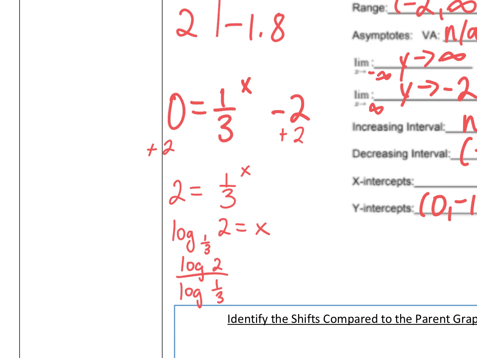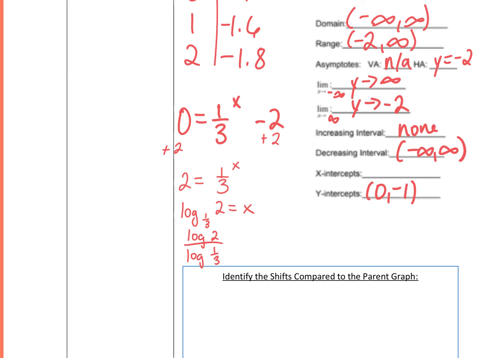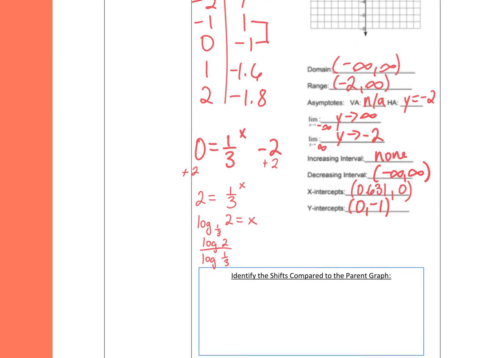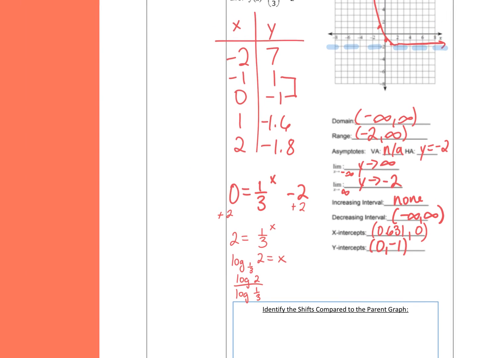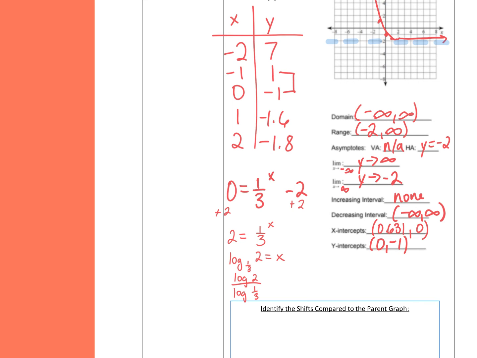Log 2, close parenthesis, divided by log 1/3. 0.631. So 0.631, comma, 0. Easy as that. No factoring required. Just logs.